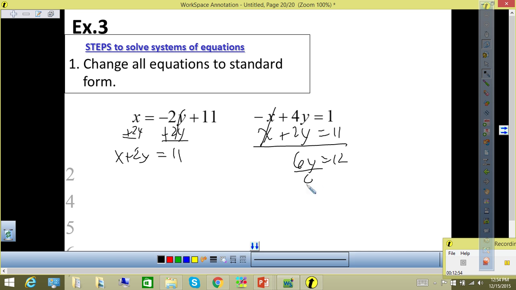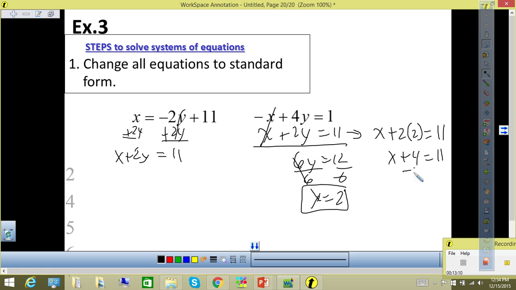Divide by 6. y equals 2. Substitute into one of these. I'm going to use the second one so I don't deal with that negative. x plus 2 times 2 equals 11. x plus 4 equals 11. Minus 4, x equals 7. So my solution to the system is 7, 2.